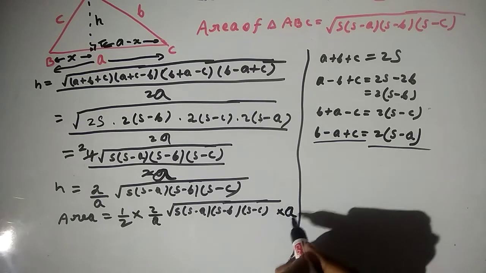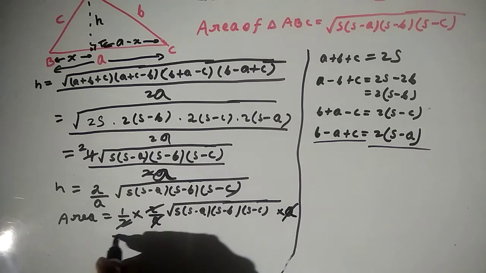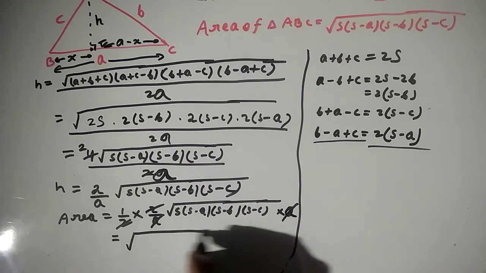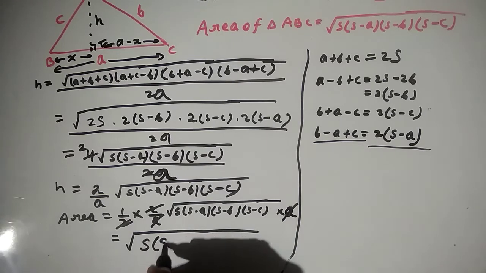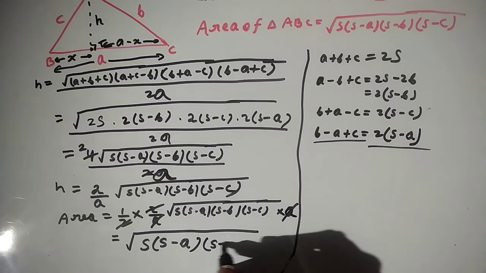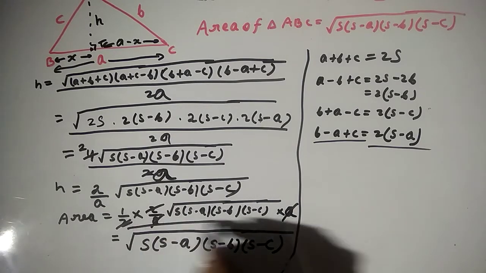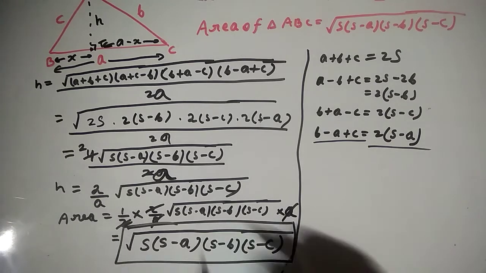So see, a and a cancel, 2 and 2 cancel. We are left with what we call Heron's formula. The area of a triangle is the square root of s times s minus a times s minus b times s minus c. So we have derived Heron's formula.